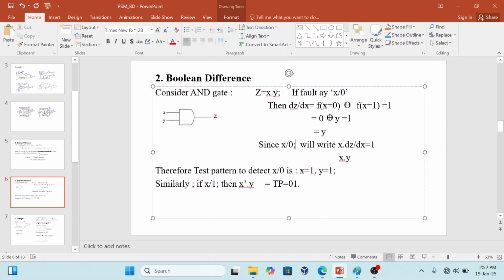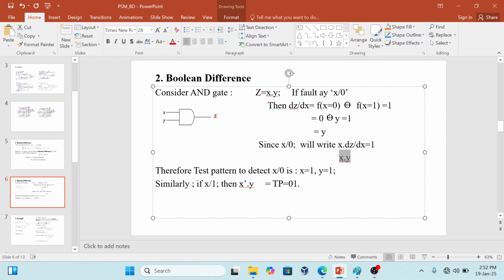So the test pattern to detect x stuck at 0 is nothing but x and y, that is x is equal to 1, y is equal to 1. So using Boolean difference also we can find out the test pattern to detect the fault.